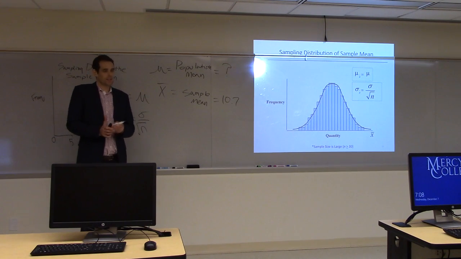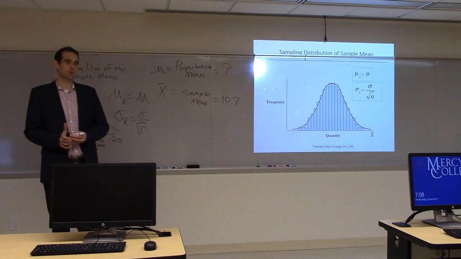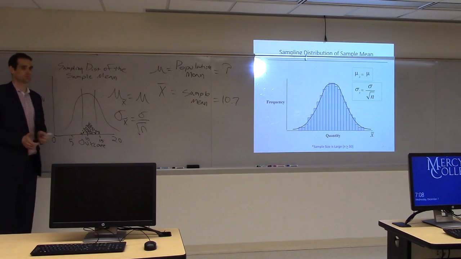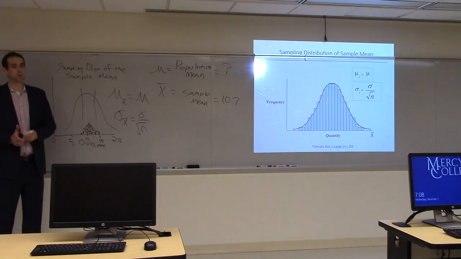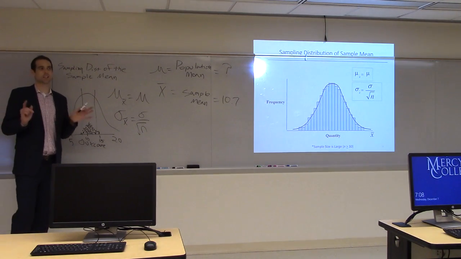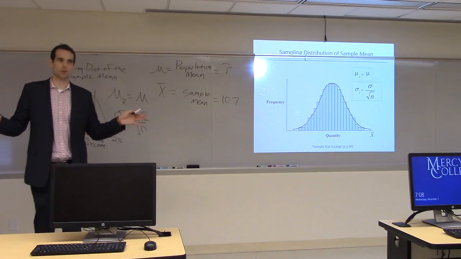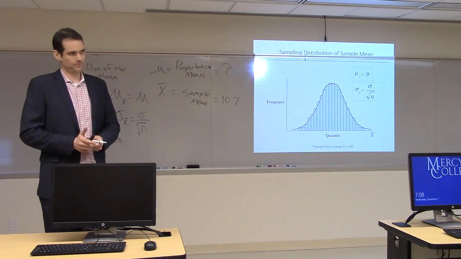If it's less than 30, statisticians are like, well, I can't promise you that this is going to be normal. If it's more than 30, then they say it will be normal. It will be normal, in fact, regardless of the shape of the parent population.